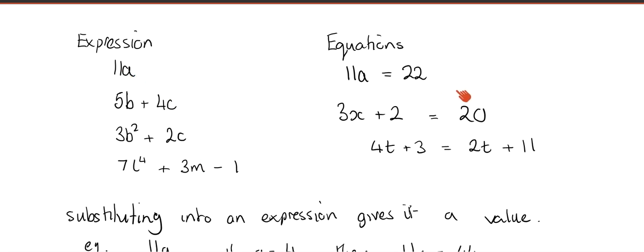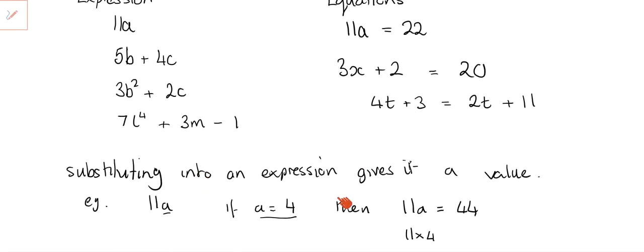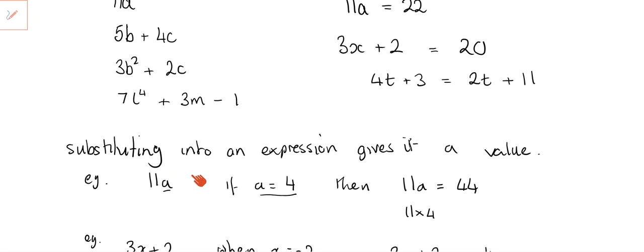Now an equation is when you have substituted a value into that expression and given it a value. So for instance, if I substitute into 11a, I might choose a is 4. Why is a 4? It could be whatever it wants.